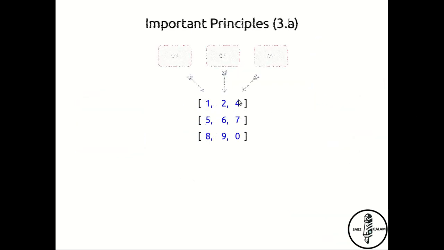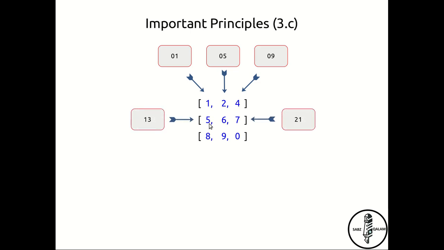Now consider our array again. Let's look at the first row. Well, if the address of the first location is 1, then the address of the second one is 5, the address of the third one is 9. Again we see, because one integer is 4 bytes, 1 plus 4 is 5, 5 plus 4 is 9. And then 9 plus 4 is 13, and we see that the address of this element is supposed to be location 13.